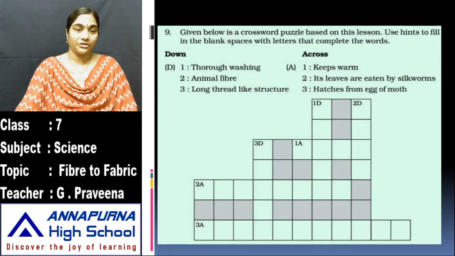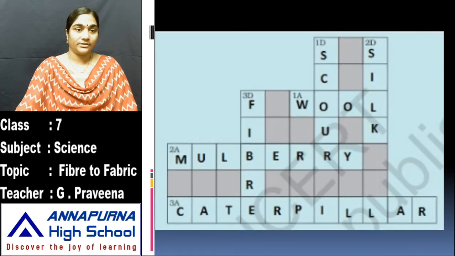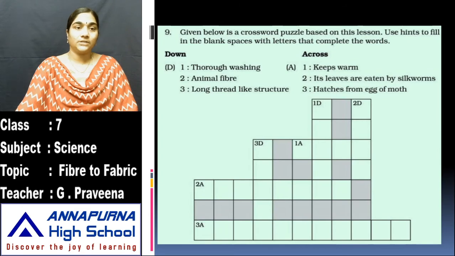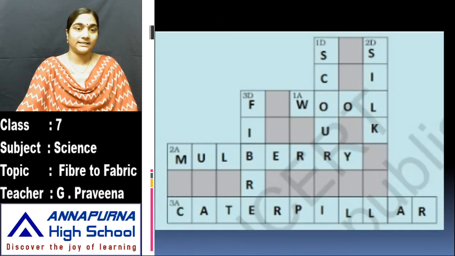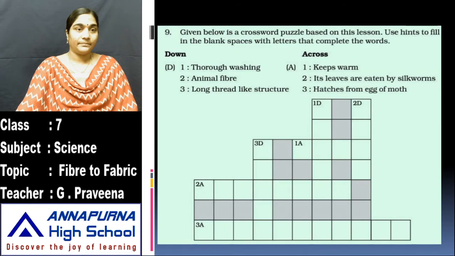So here are your answers for the puzzle. The first one is thorough washing. What is that process of thorough washing called? It is scour. Animal fiber, which is called the animal fiber?